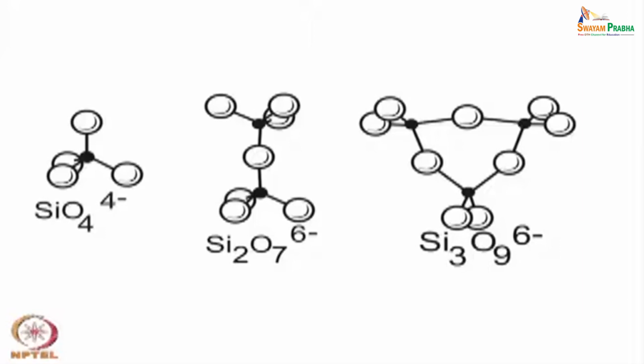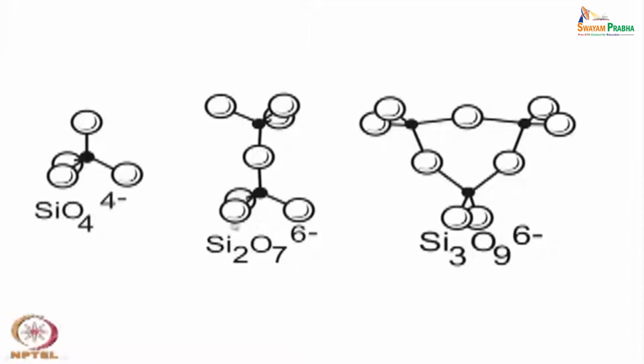We will come to that later on, but when an oxygen is common, one negative charge is satisfied with this silicon and another negative charge is satisfied with the other silicon, then it is a bridging oxygen. There is no extra negative charge sitting on this, whereas these are non-bridging oxygen because some other cations can join or combine with this oxygen.